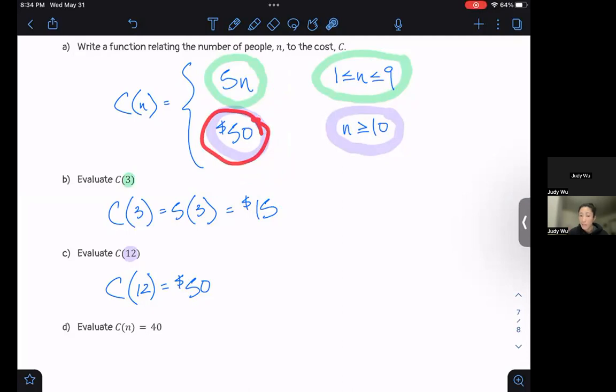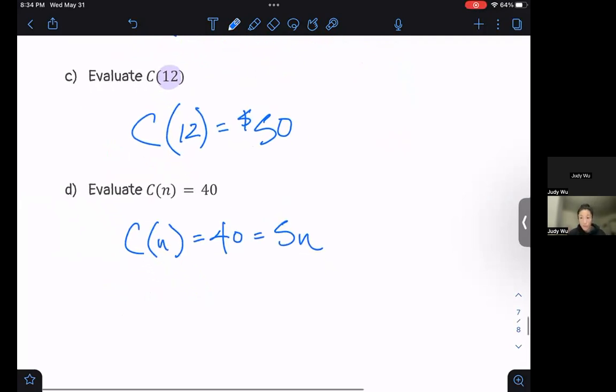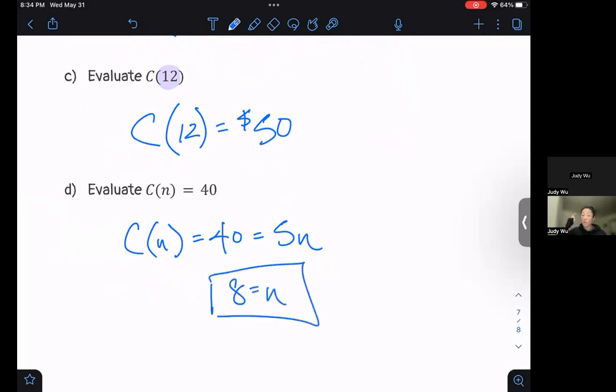They didn't have 10 people even, because that would have cost $50. So C of n equals 40 will actually equal 5n. We use the first piecewise function. And now to solve for n, we divide both sides by 5. So 8 equals n. That means that there were 8 people that went on the tour.